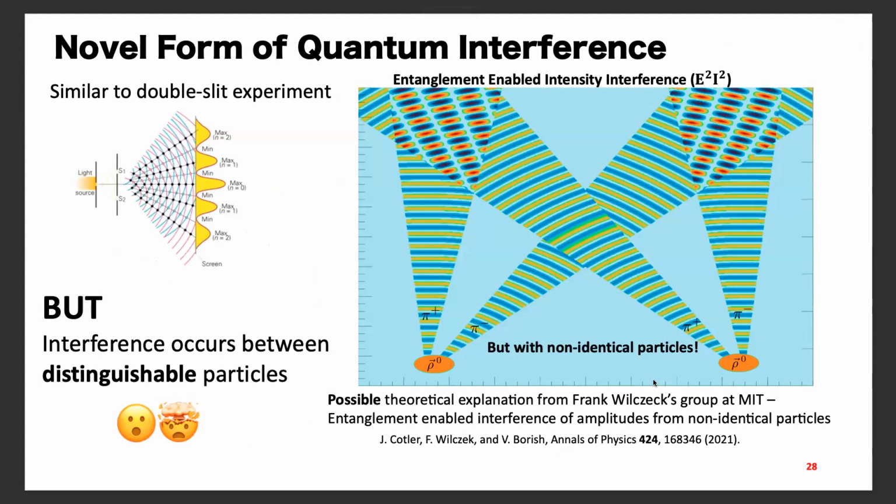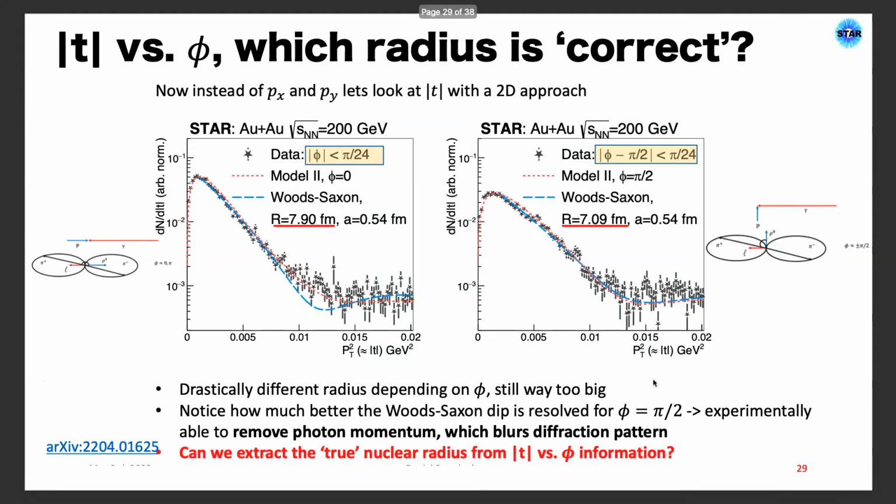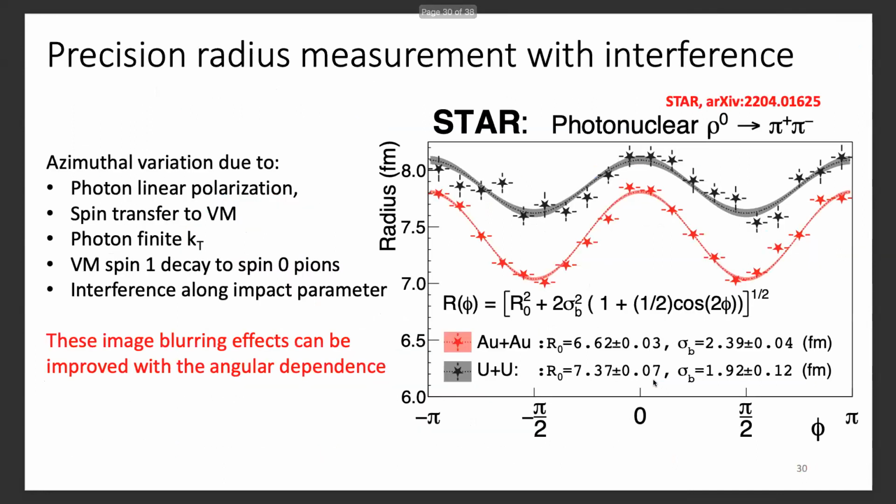So this interference actually makes the radius too big because it blurs the whole thing. Okay. And you can see if we take different orientations, the results are different. So for gold, this clearly cannot be, you are measuring the size, right? Because your nuclear size depends on the decay orientations.